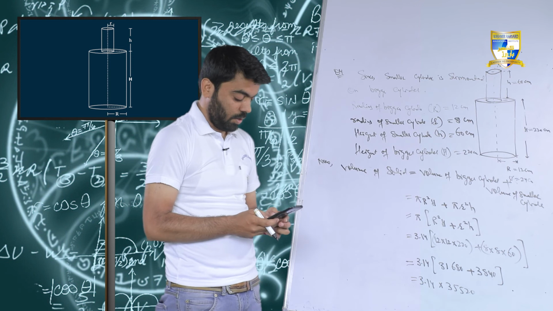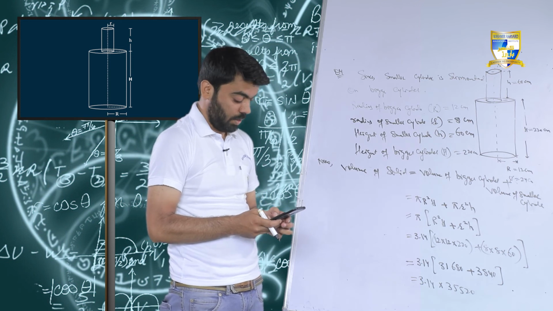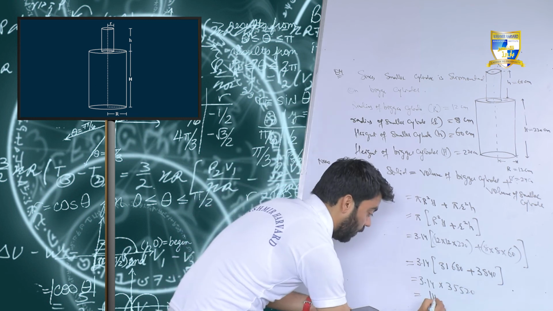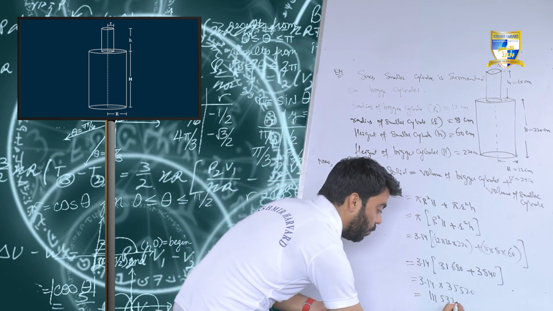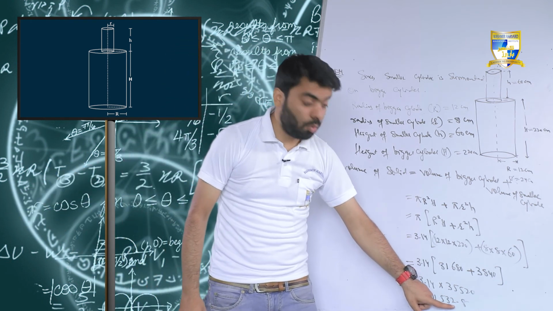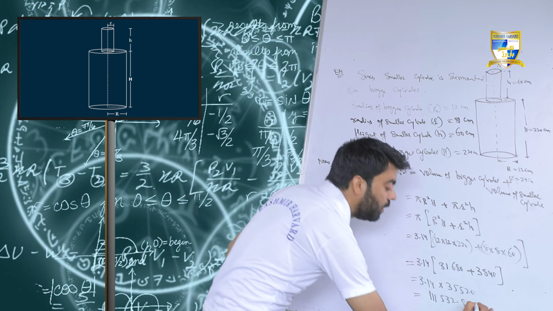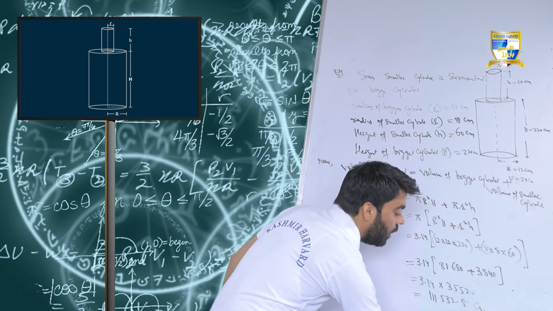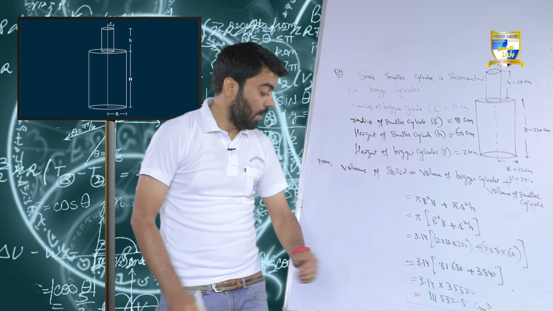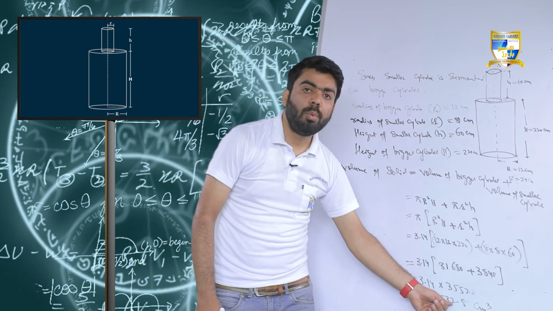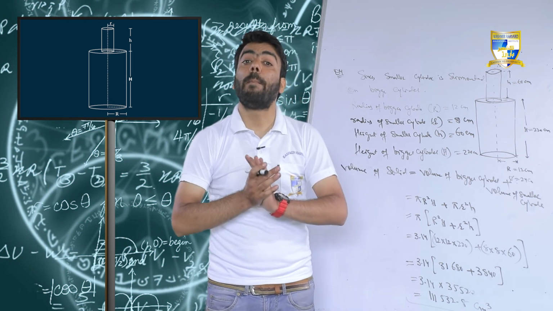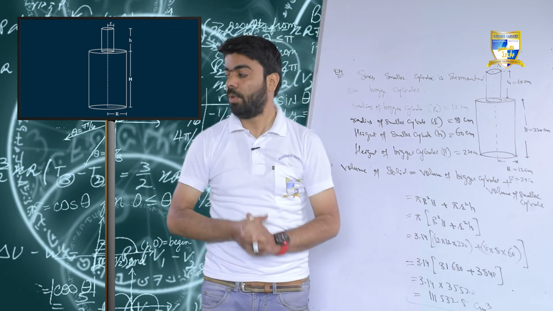So we write 3.14 multiplied by 35520. It is 111532.8. It's a volume and the unit is centimeter cube. The volume of the solid is 111532.8 centimeter cube. But we have to find the mass, not the volume.